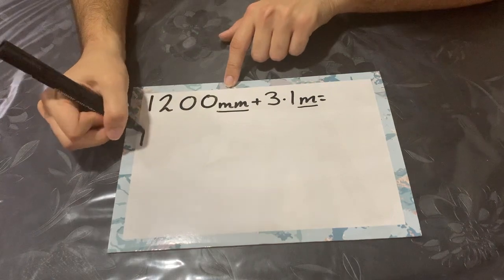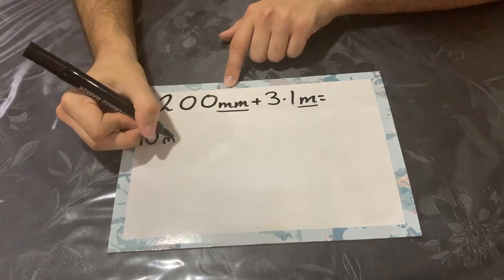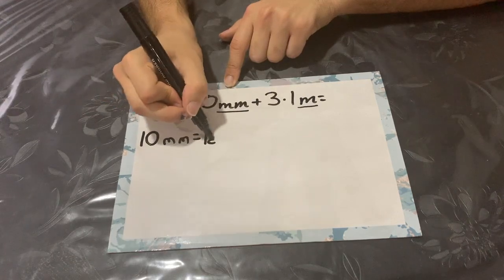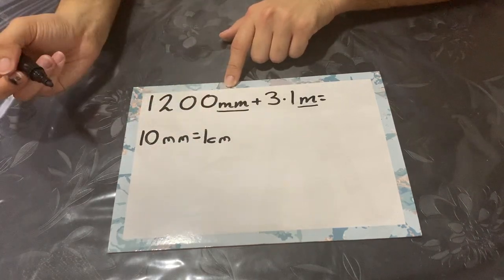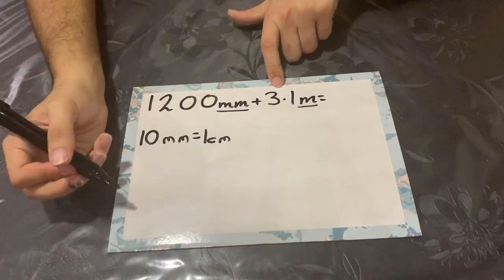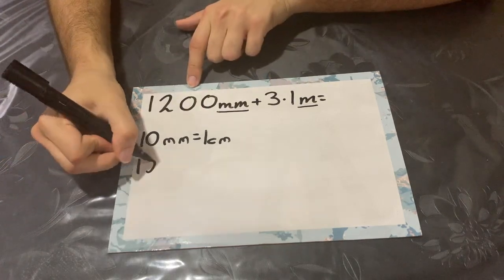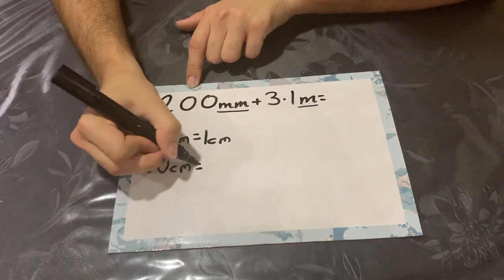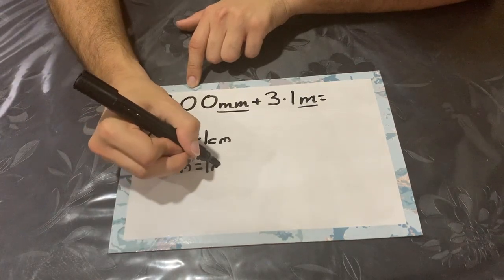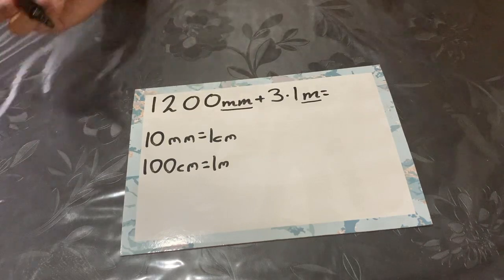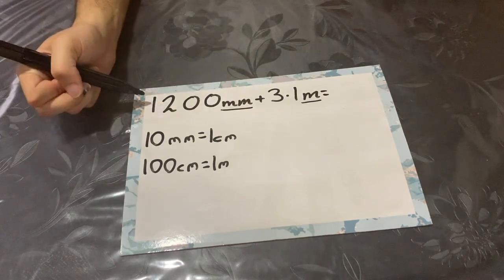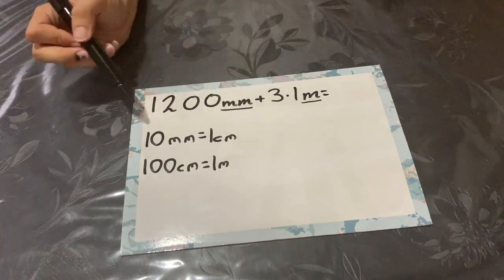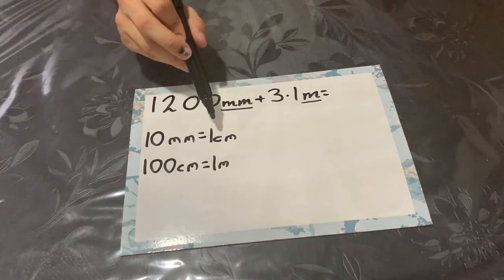So there are 10 millimeters in a centimeter, and there are 100 centimeters in a meter. Okay, so that means if I'm converting my millimeters into centimeters, I need to divide it by 10.